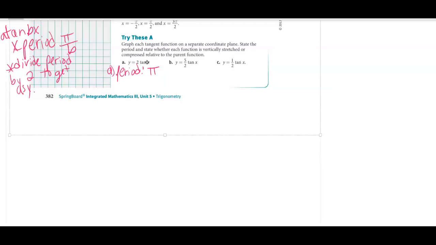So period divided by 2, and I'm going to take one positive, one negative. So my asymptotes here would be at negative pi over 2, positive pi over 2. And that's how I always start my sketches.